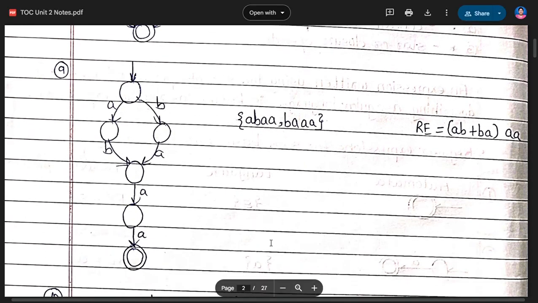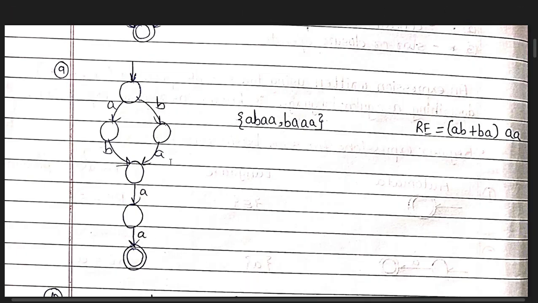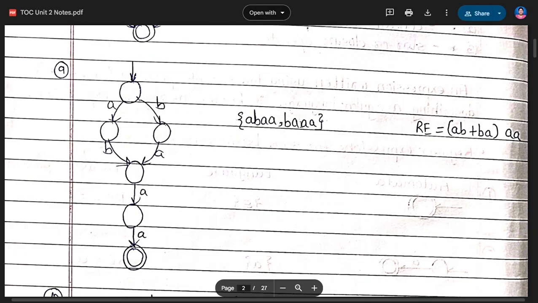Now in this ninth diagram, it passes AB from this side, and again BA. Now how will it be seen? ABAA, ABAA, and from this side BAAA, BAAA.